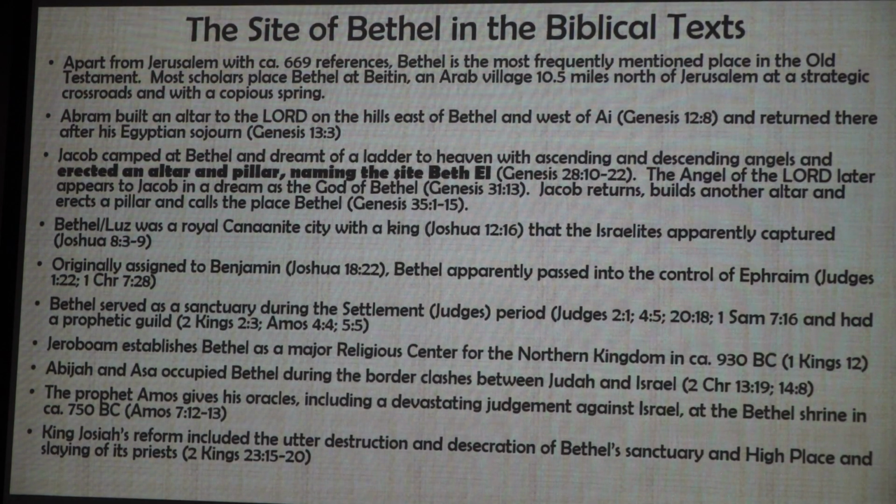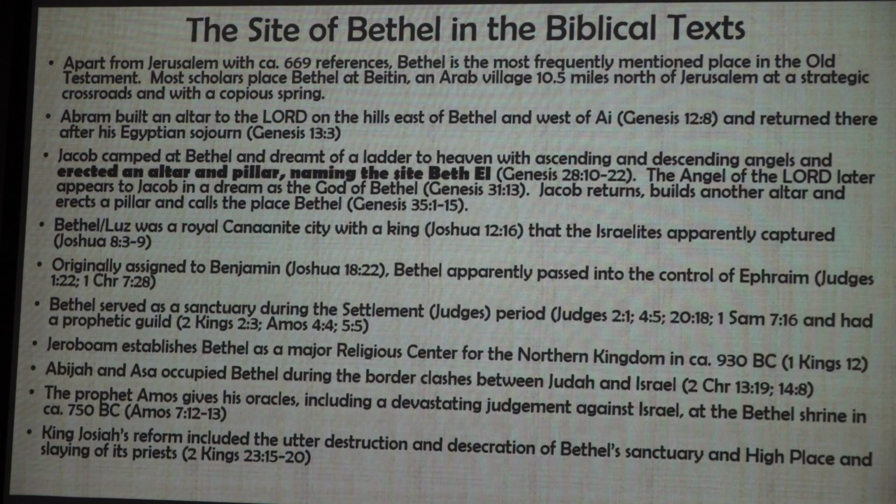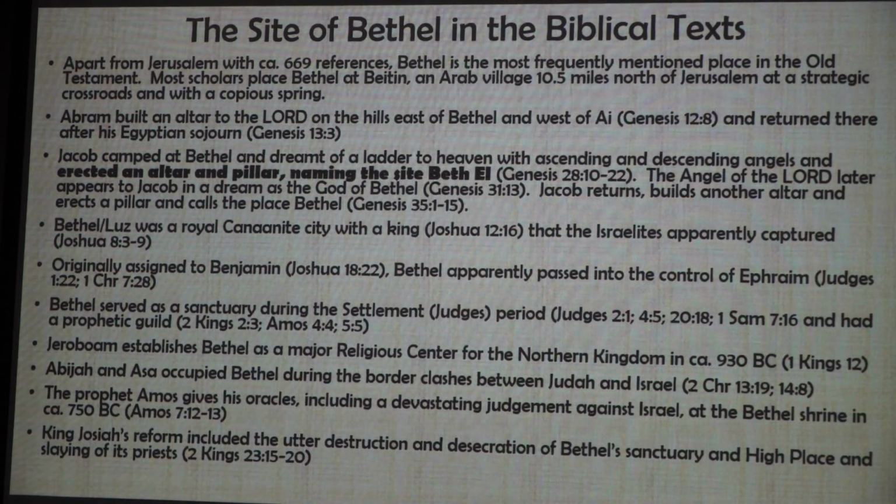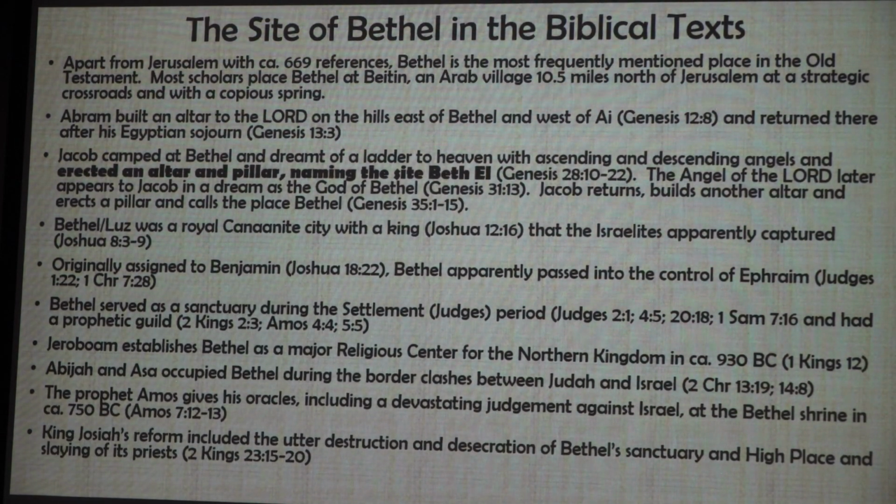And it was at this time that Abijah and Asa occupied Bethel under Judah during this early period of the monarchy. The prophet Amos spoke his oracles at the Bethel shrine in the 8th century. And then finally, King Josiah's reform included the utter destruction and desecration of Bethel's sanctuary and high place, as well as the slaying of its priests.